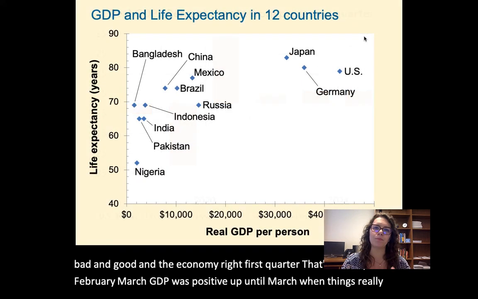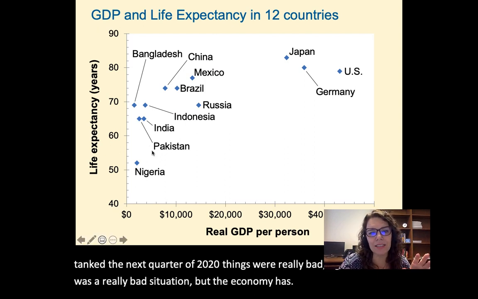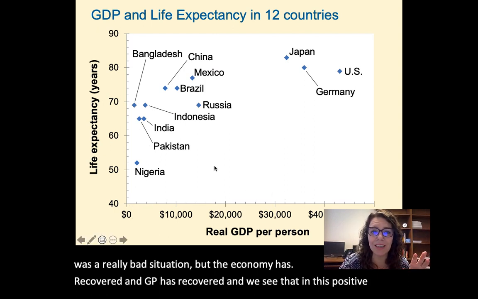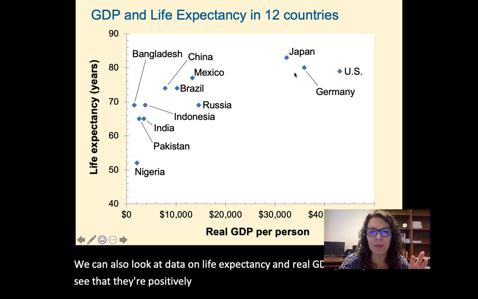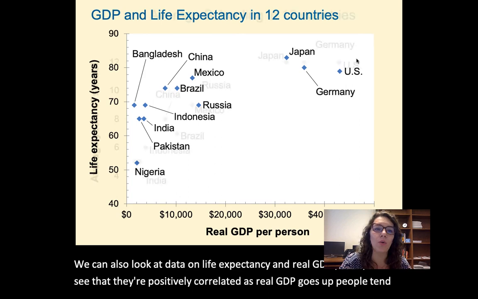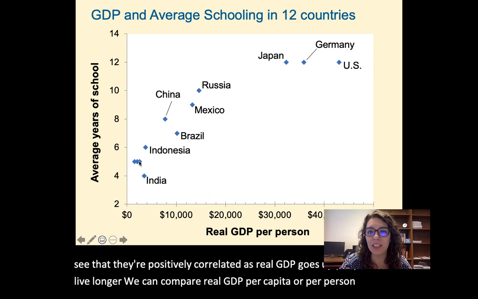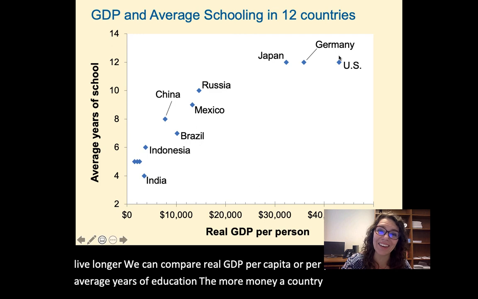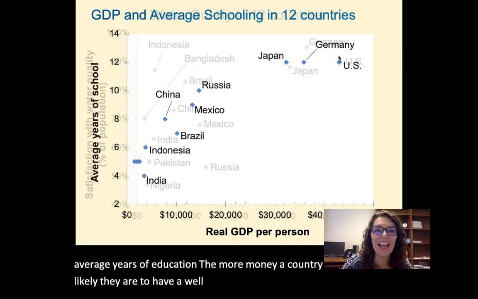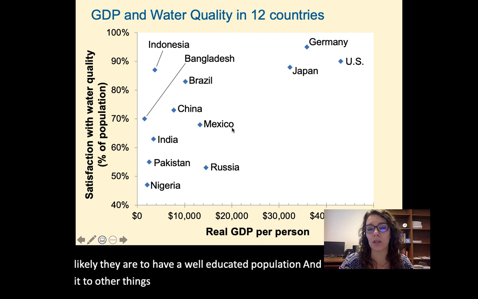We can also look at data on life expectancy and real GDP per capita and see that they're positively correlated. As real GDP goes up, people tend to live longer. We can compare real GDP per capita, or per person, to average years of education. The more money a country makes, the more likely they are to have a well-educated population. And we can also add it to other things that are important, like water quality.